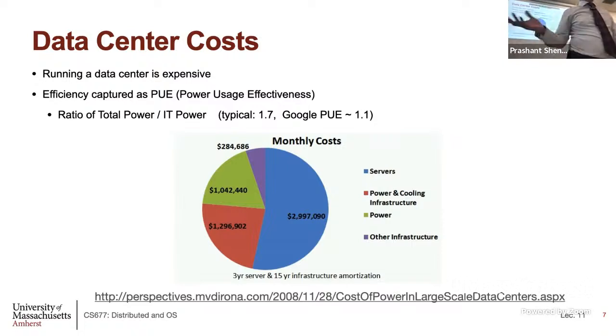Cooling data centers is an expensive proposition, because you have to run air conditioners, right? That's how you cool them, and air conditioners consume a lot of electricity. So the PUE is often much greater than 1, closer to 1.8 to 2.